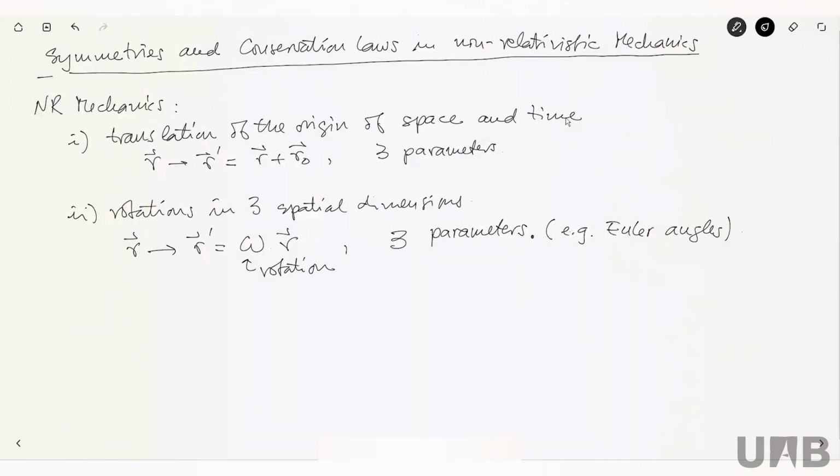So the origin of time can also be translated. That means t goes to t prime, which is t plus t0. How many parameters? Obviously one parameter, t0. So we have translations of space and translations of time.